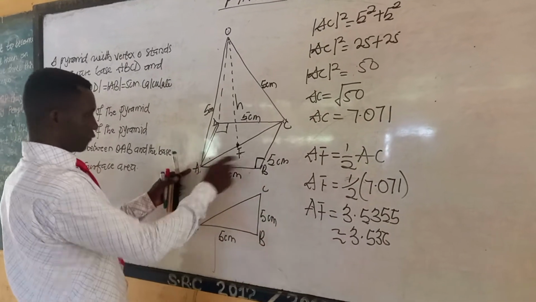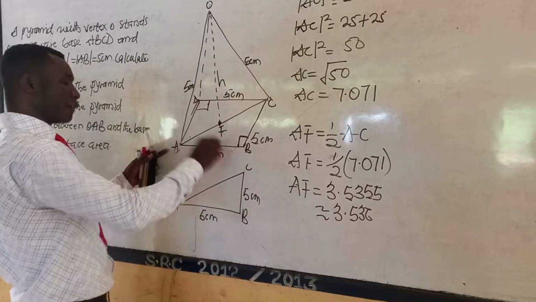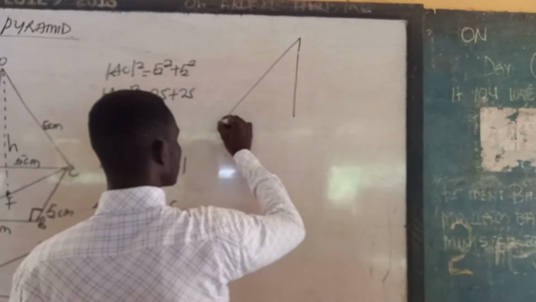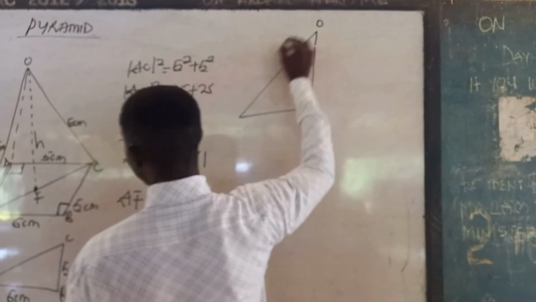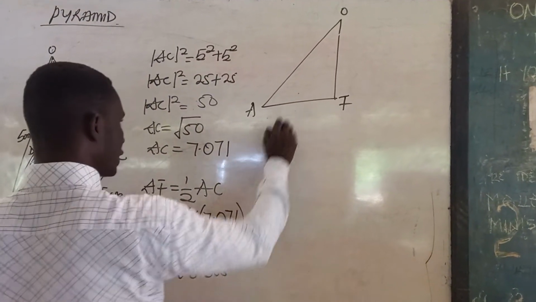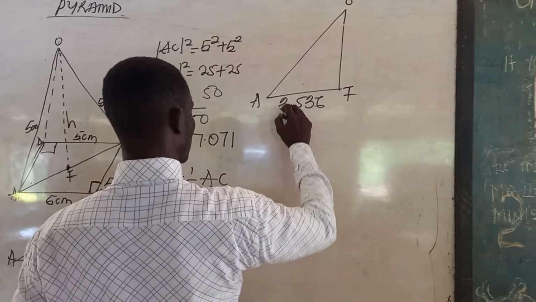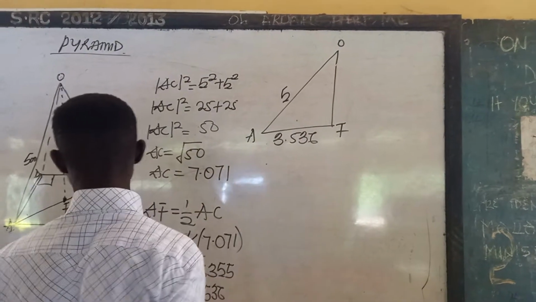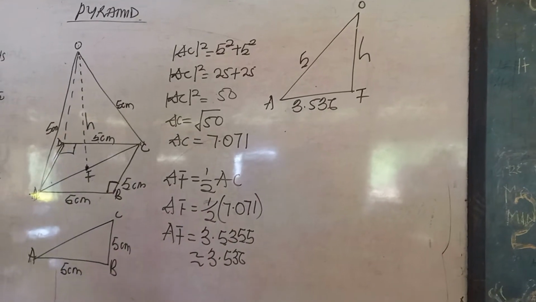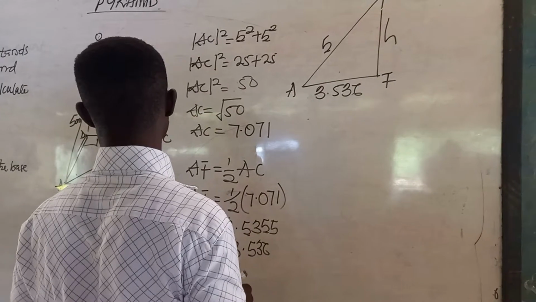Having gotten AF, I can pick triangle OAF out. So that triangle will be like this, OAF, with AF being 3.536 and this one being 5 centimeters, and the h here, which we have been asked to calculate. Now I can use Pythagoras Theorem. That's what I'm supposed to do.